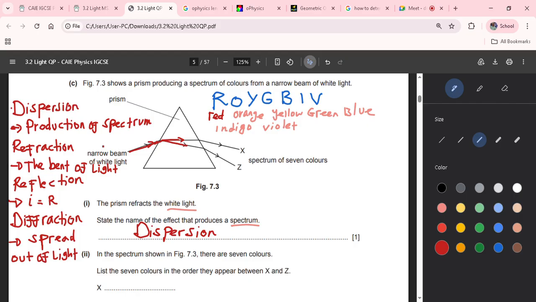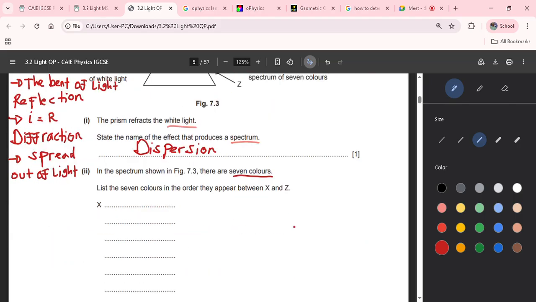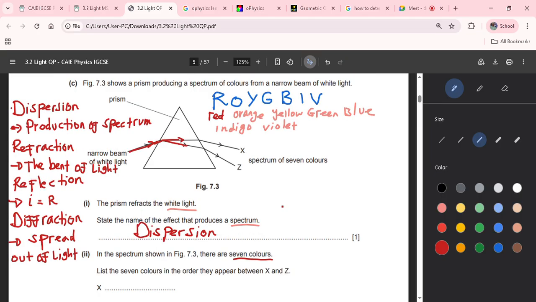In the spectrum shown in figure 7.3, there are 7 colors. List the 7 colors in the order they appear between X and Z. Can you mention the colors from X to Z? Z is the most deviated, which is violet.